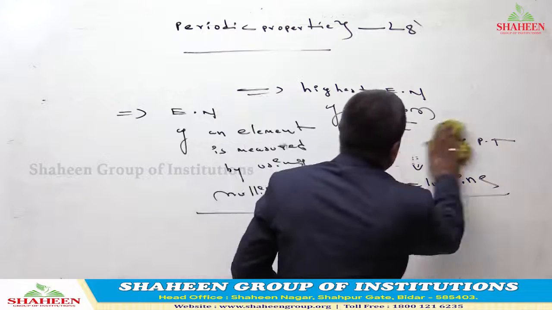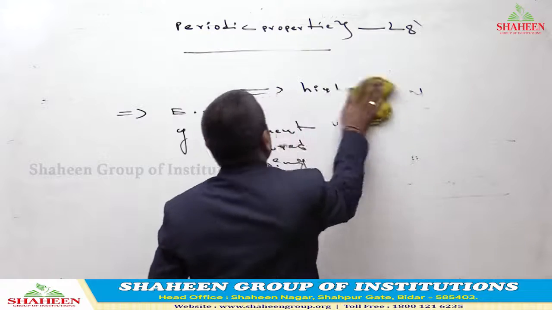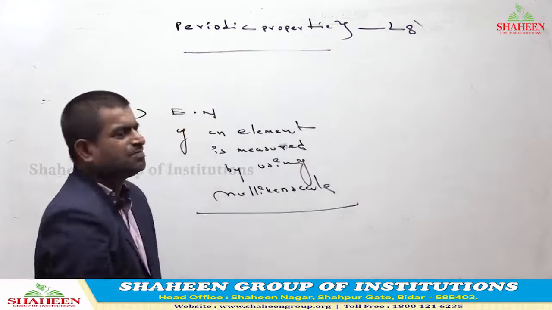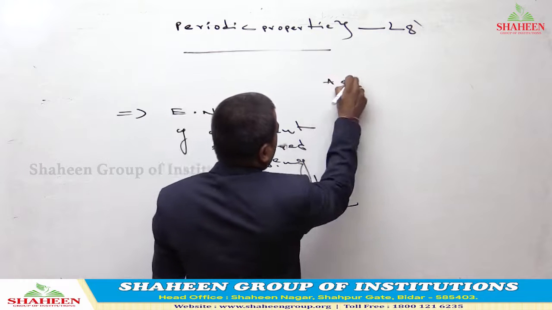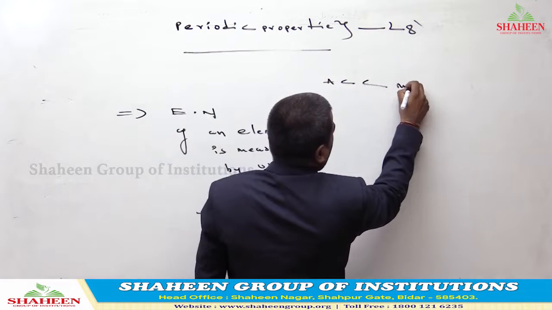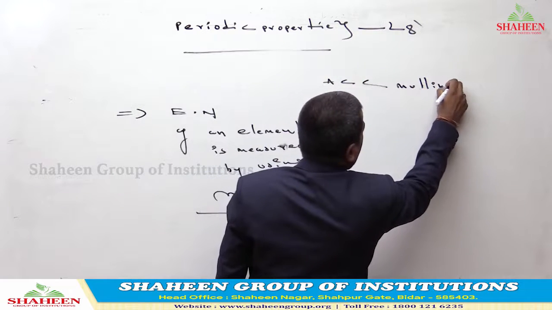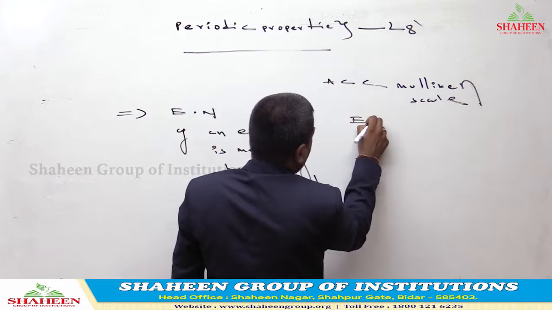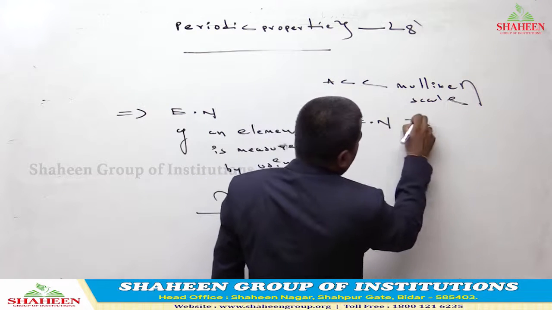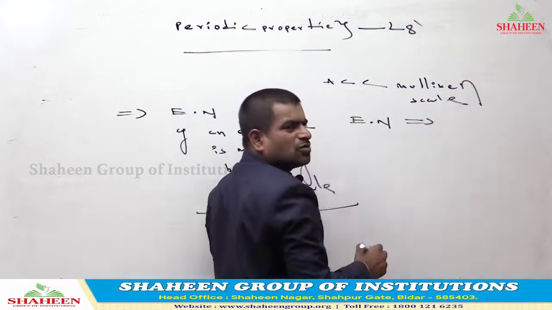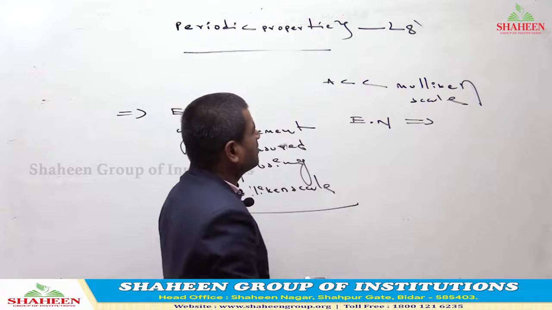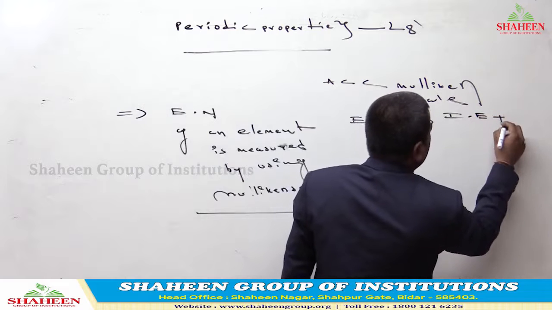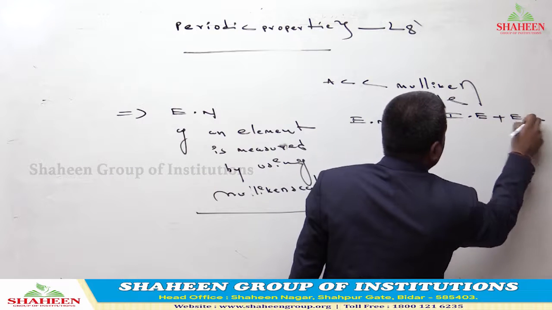See, according to the Mulliken scale, how do we calculate the electronegativity of an atom? According to the Mulliken scale, electronegativity of an atom is the average of ionization energy and electron affinity of the atom. Here I is ionization energy, and E is electron affinity of an atom.